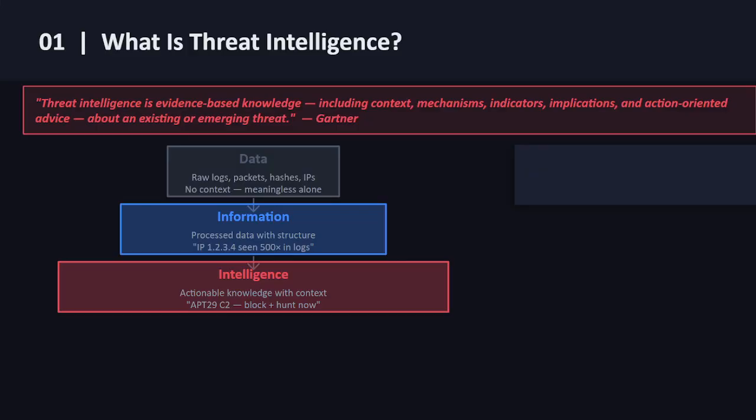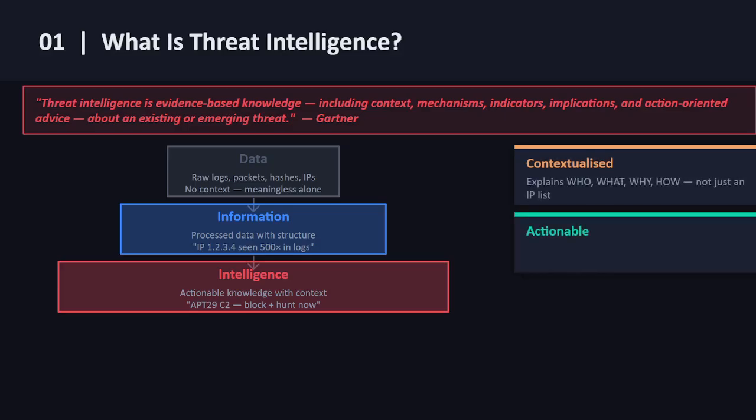Are you going to block it, hunt it, or capture it? What is your strategy towards that particular threat? Contextualized intelligence explains who is doing it, what he is doing, why he is doing it, how he is doing it. So you need to get the context here.